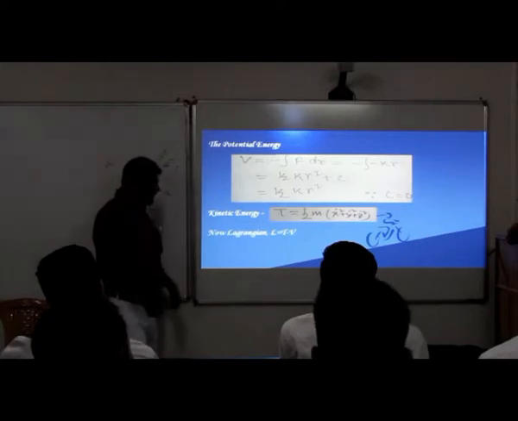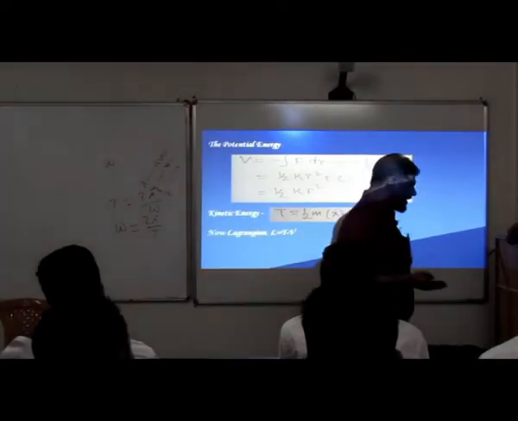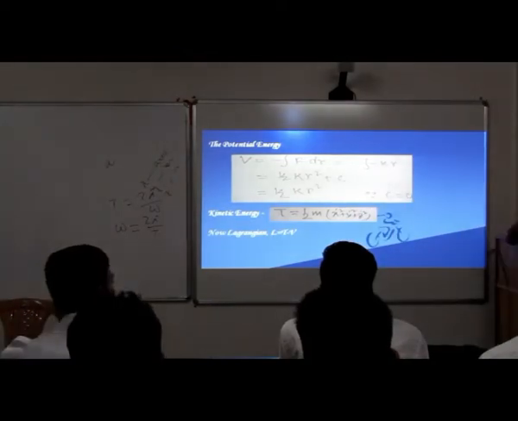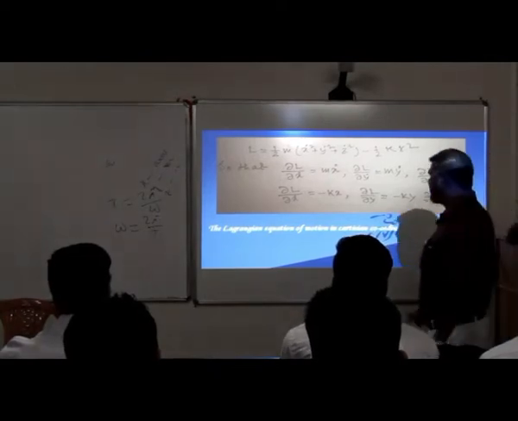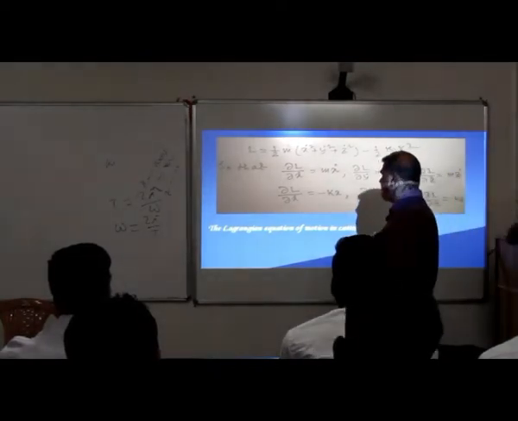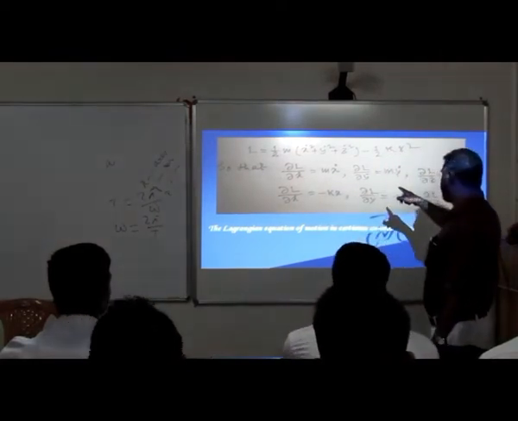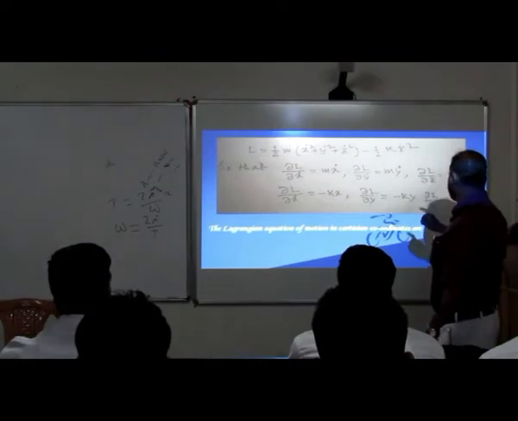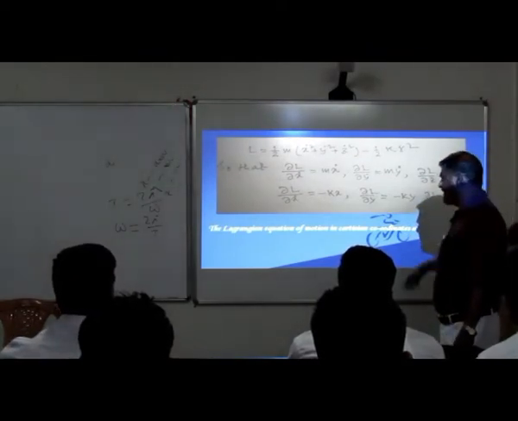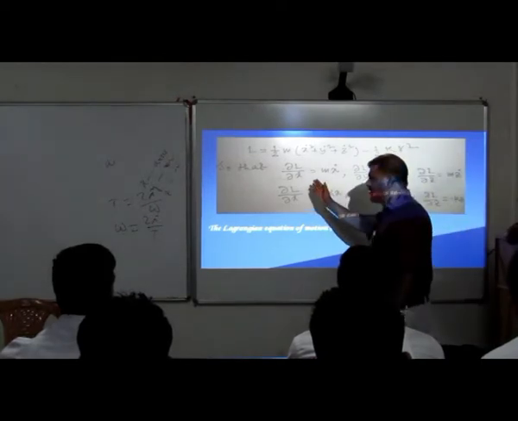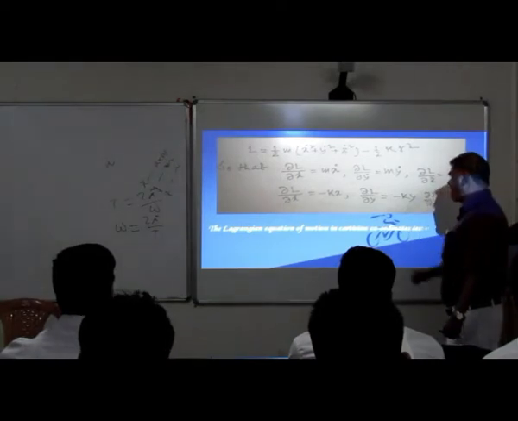Putting these in, the Lagrangian L is equal to T minus V, the difference of kinetic energy and potential energy. Then, as earlier, we find del L divided by del x dot is equal to this, del L divided by del y dot is equal to this, and del L divided by del z dot is equal to m z dot. This is for the x axis, this is for the y axis, and this is for the z axis.